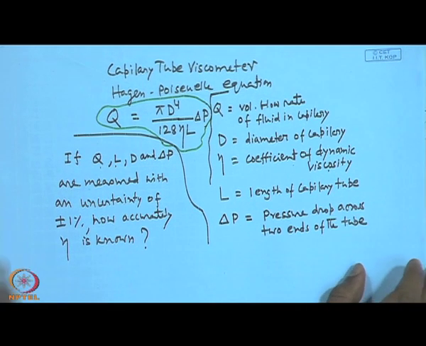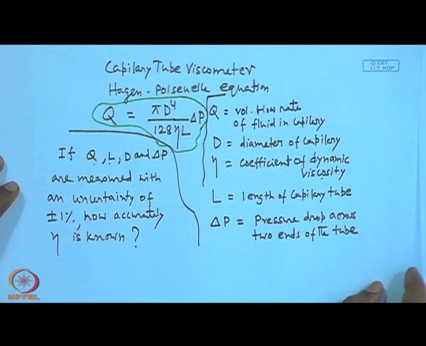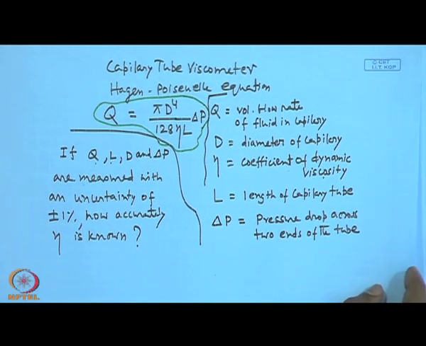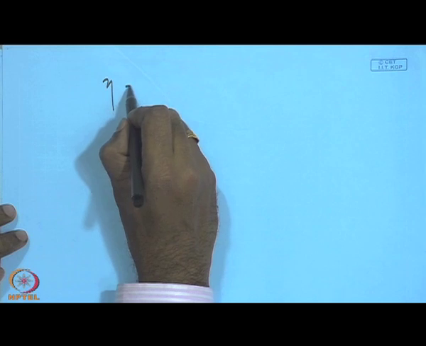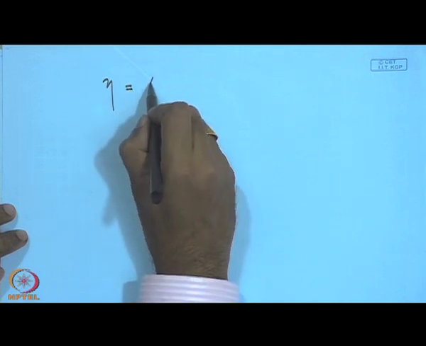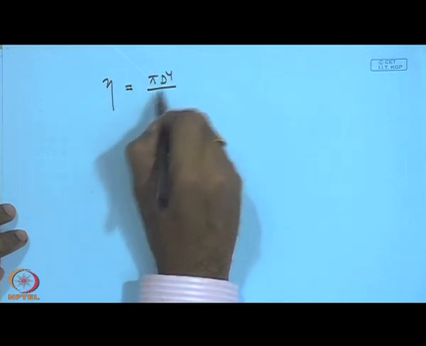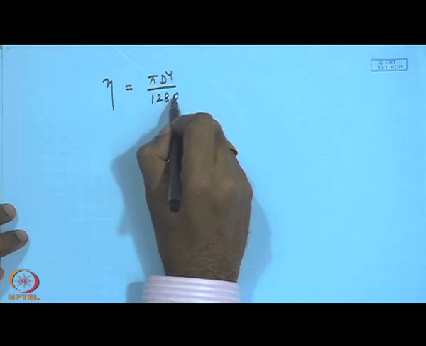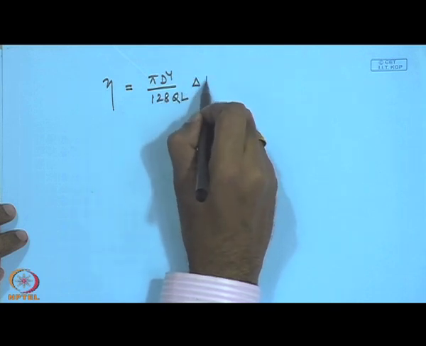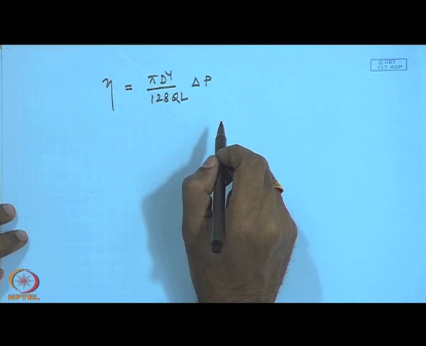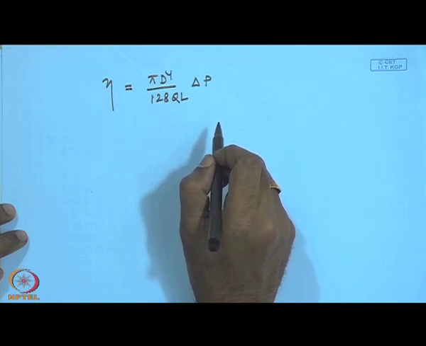We can follow the same approach that we just followed to solve the previous problem, to solve this problem as well. Eta is pi d to the power 4 delta P by 128 Q L. Just rearrange the Hagen-Poiseuille equation.